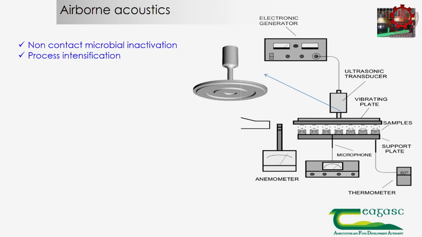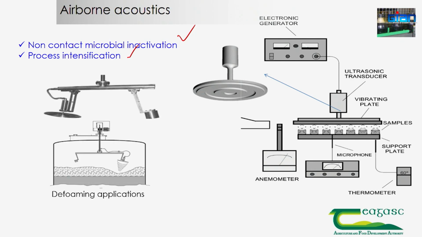Airborne acoustics. Now, what is the application of airborne acoustics? Now, we are a bit digressing from your biocircularity. Since I mentioned the technology, it is important to conclude what it can be used for: non-contact microbial inactivation or process intensification. Take this example. How many of you have boiled milk?